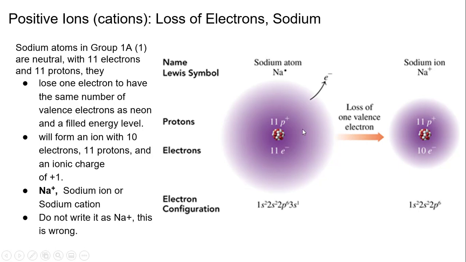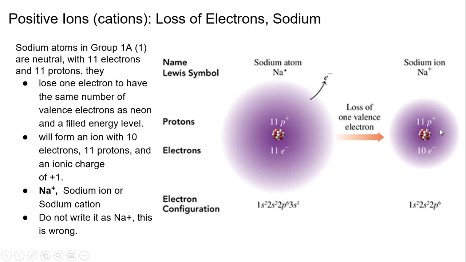And when it does, you see this big purple, how small it is now because it lost that outer layer, that outer level when the 1 electron left. So it's like knocking a whole floor off of your house. It's now smaller, and that's because the pull is gone. So electrons can be held closer to the nucleus, but you don't need to worry about that. Just know that the size goes down.